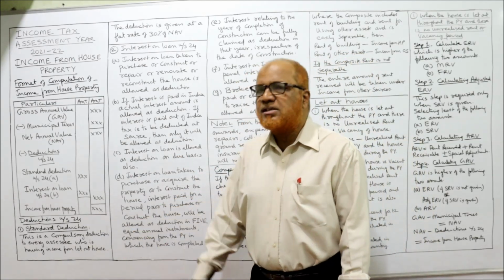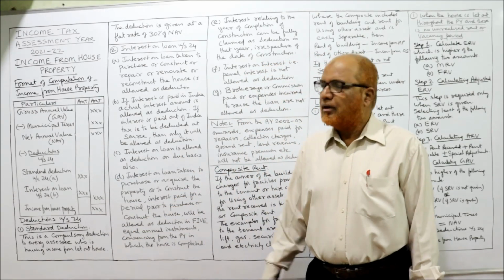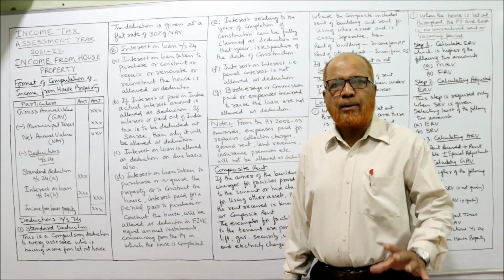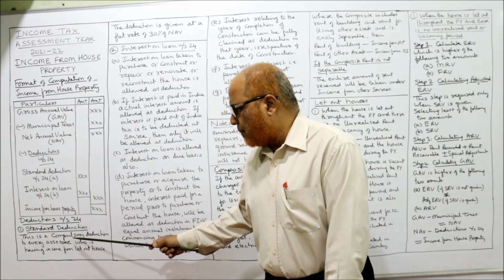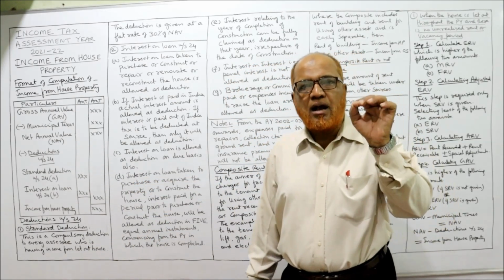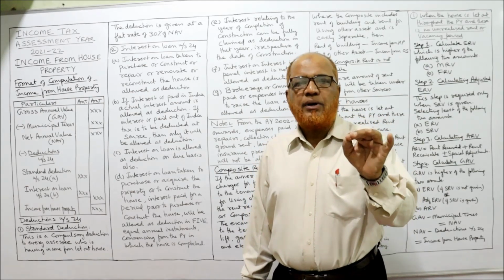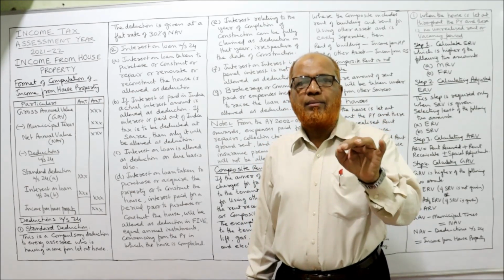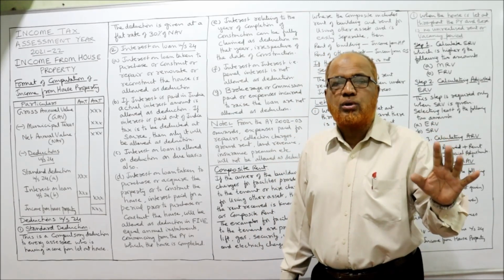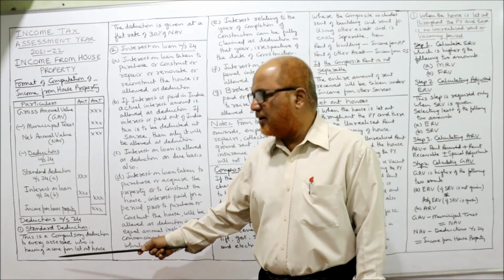Now, deductions under section 24. The two deductions are the standard deduction and interest on loan. I'll elaborate. The standard deduction under section 24A is a compulsory deduction. Any person having income from house property which is let out will get the standard deduction.